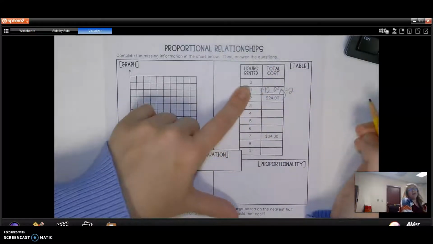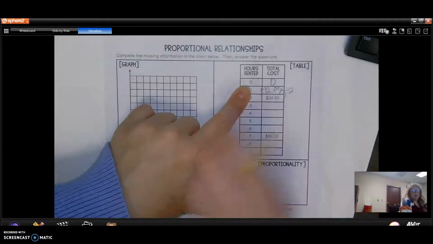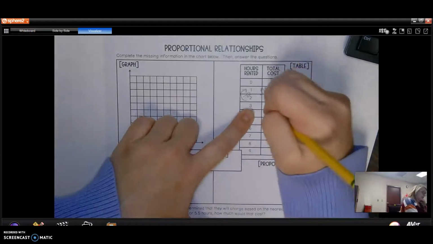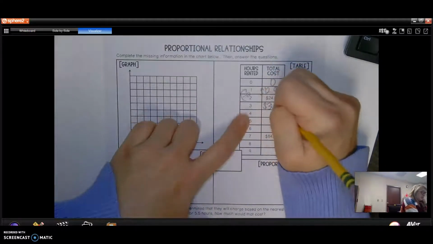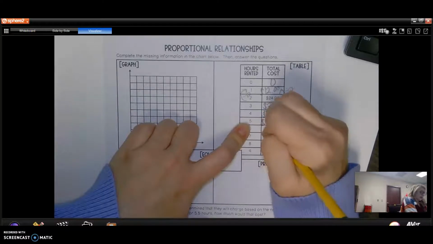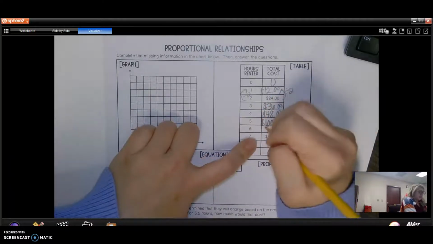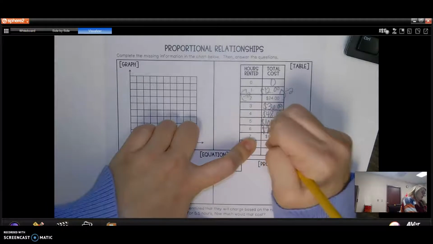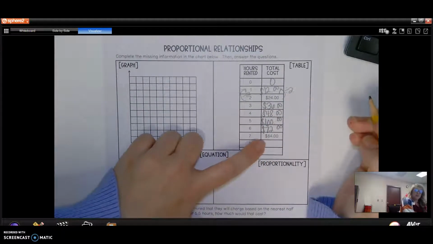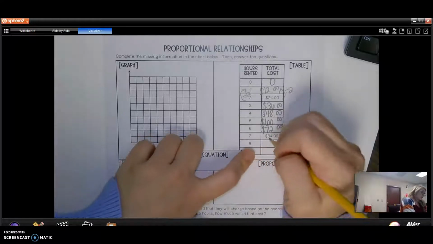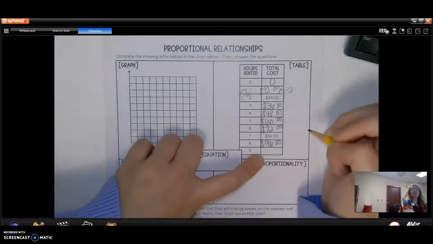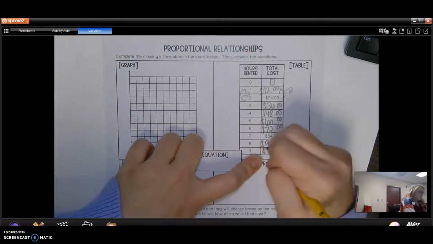If I don't have any hours rented, I haven't spent any money, so 0, 0. 3 hours would cost me $36. 4 hours, $48. 5 hours, $60. 6 hours, $72. 7 hours, $84. 8 hours, $96. And 9 hours, $108.